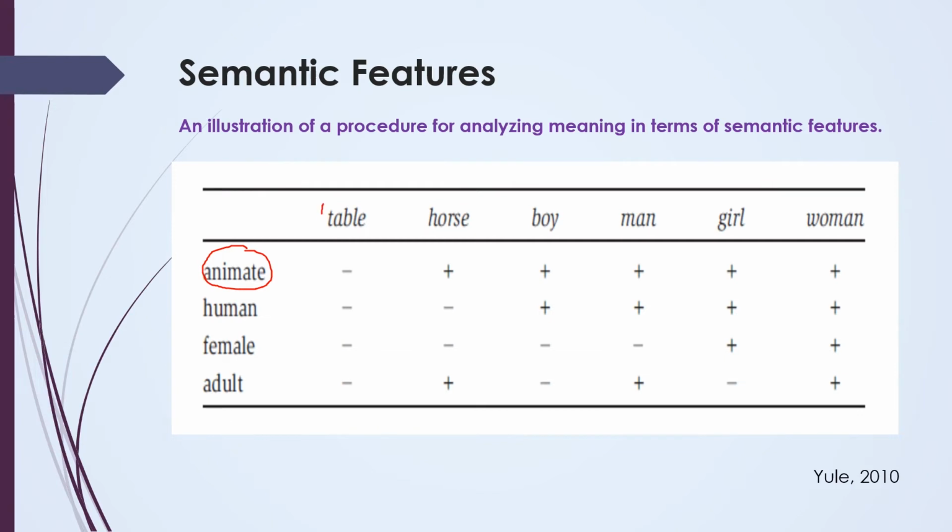Whether table can do things or not. Can table do things? No. That's why it is minus. Can table be a human? Does table have the human features? Or can we say a female version of table or adult version? No. So that's why everything here is minus.